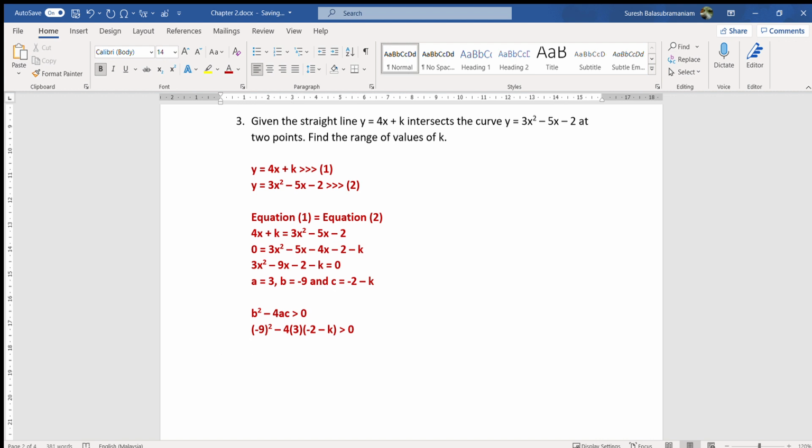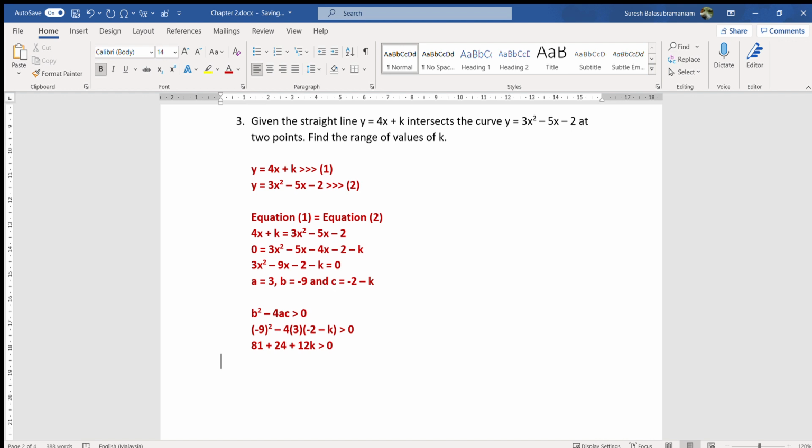We try to solve the inequality. So we get 81 plus 24 plus 12k more than 0.